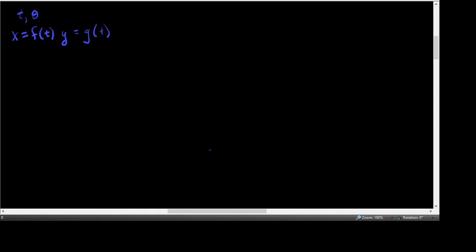So that would be a set of parametric equations, and if f and g are both continuous on an interval I, no breaks, no skips, no vertical asymptotes. If you have continuity on an interval, it creates what's called a plane curve.